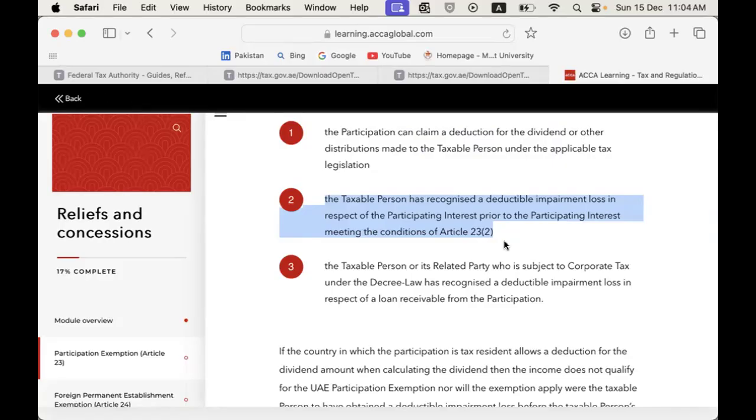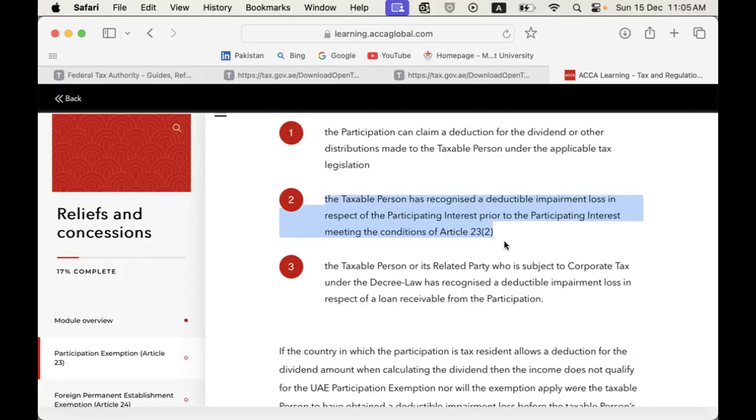Let me give you an example. You are a UAE company here, Haya Husban LLC. You had an investment reflected in your balance sheet at the beginning of 2024. That investment was in a US company, let's say Mujaddid Corporation.